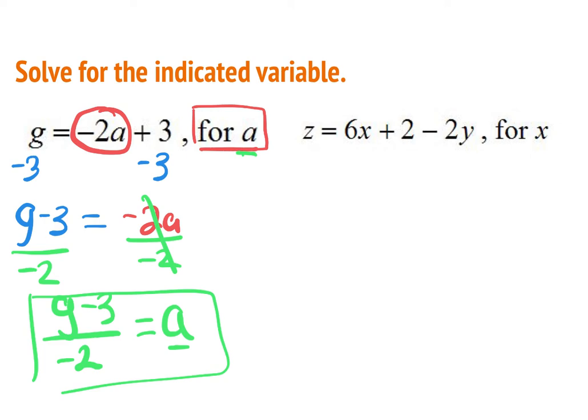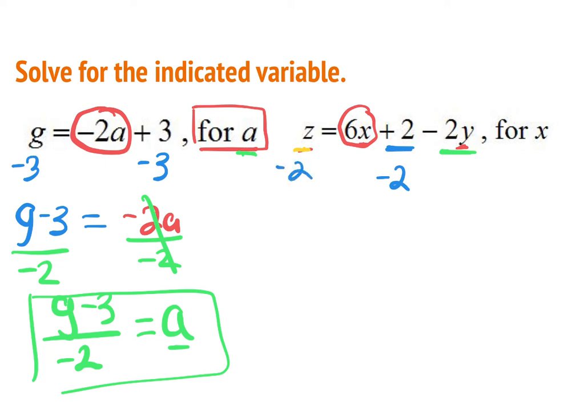So one more. Notice that in this case we have 3 different variables, but we only want to solve for x. So I'm going to get 6x by itself first by getting rid of the 2 and the 2y. I really don't care what's happening on this side because it's not on the variable that we want. So I want to get rid of the 2, so minus 2.